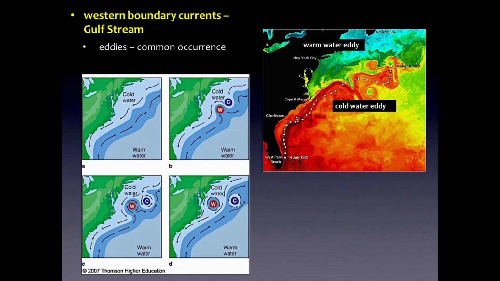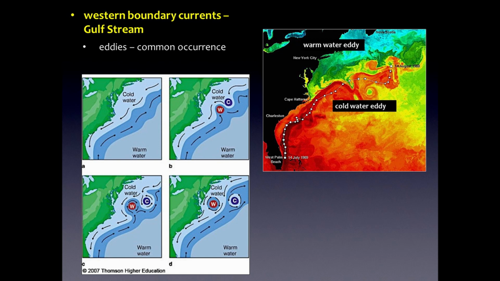Another common feature of western boundary currents are eddies. Eddies are basically a whirlpool, and what we see is a circular motion of water. Where eddies form is often along the edges, the boundary between a boundary current and the water surrounding it. What happens is there might be some disruptions along this boundary, and this has caused meanders to form.